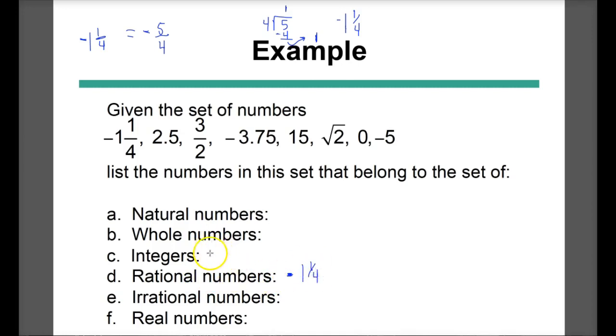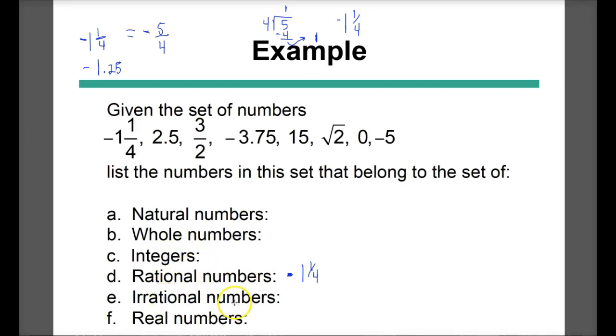Okay, we can't call it an integer because negative 1 1/4 is not a negative whole number. So in decimal form, negative 1 1/4 would actually be a negative 1.25. So that's why negative 1 1/4 would not be an integer.